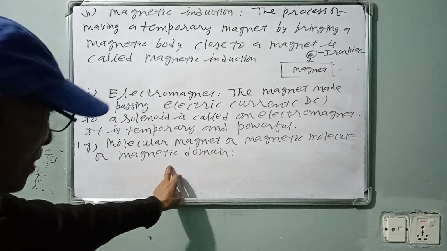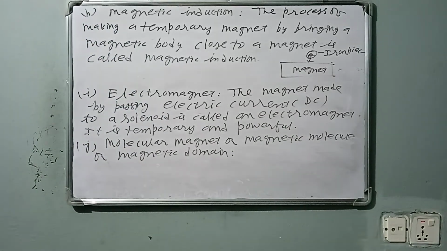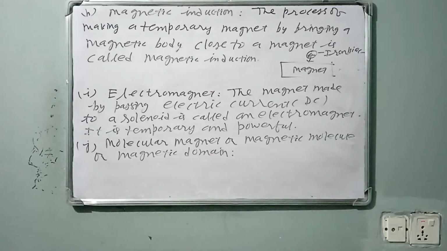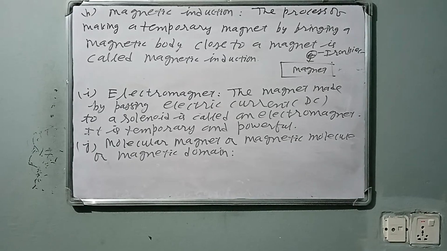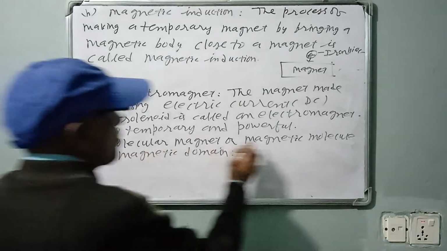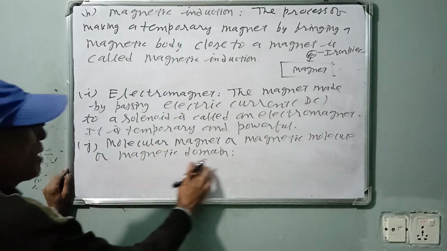You can break a magnet into smaller and smallest possible magnets, and each and every magnet behaves as a magnet. So it is called molecular magnet. Just like the earth is also a molecular magnet, magnetic molecule or magnetic domain.